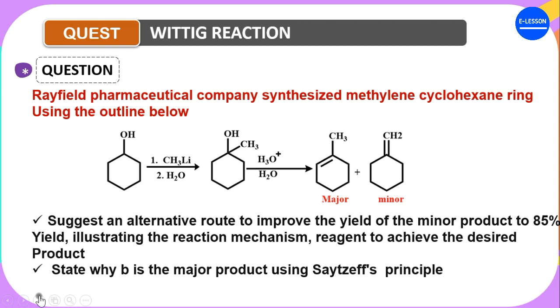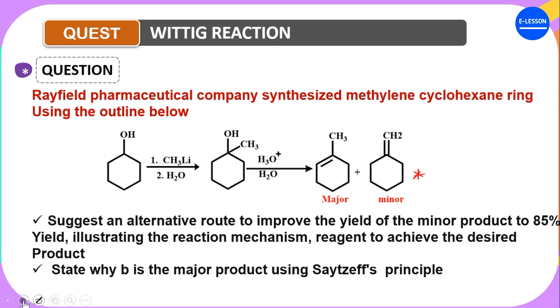Some methods that yield a compound as a minor product may yield this compound as the major product when it comes to the Wittig reaction. So how do we synthesize this minor product as a major product? The only method we can apply to do that is the Wittig reaction.